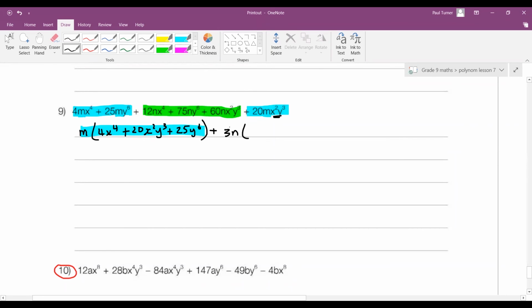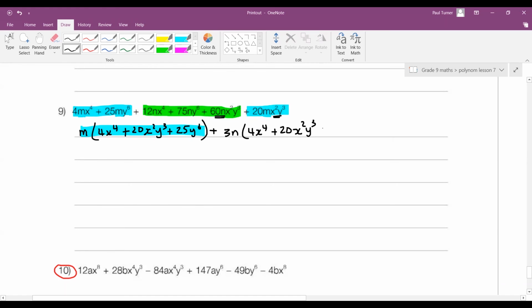So 3n, we're going to end up with 4x4 and 3 times 25. Oh, let's put this in the middle first. So we'll have 20 x2, y3. Like that.